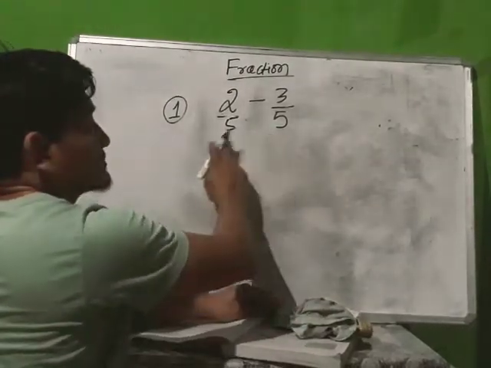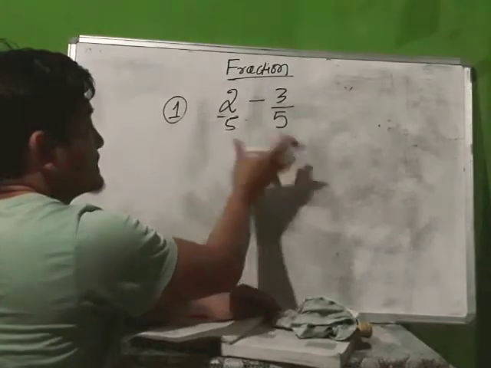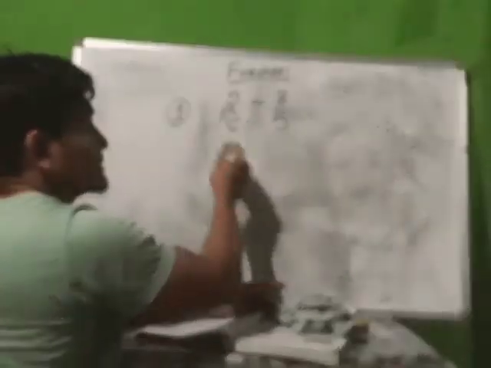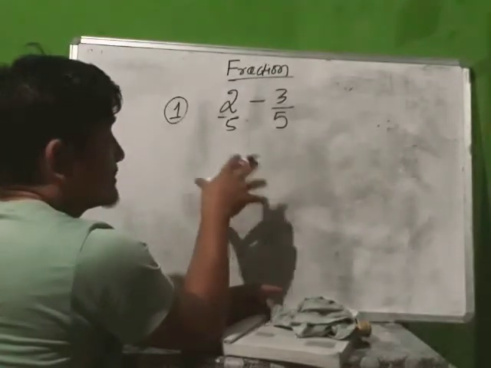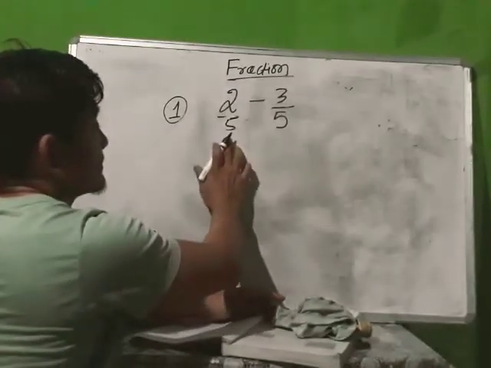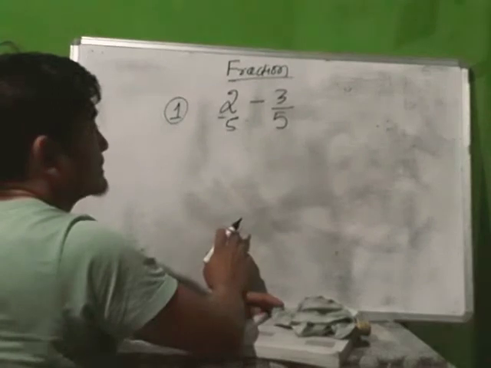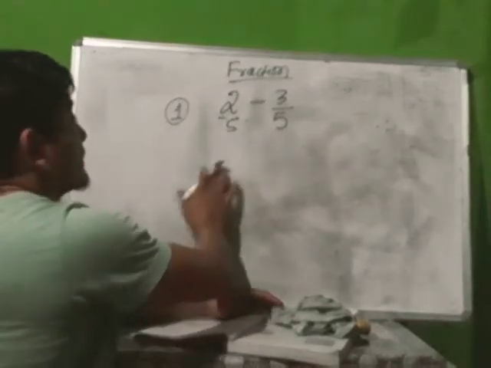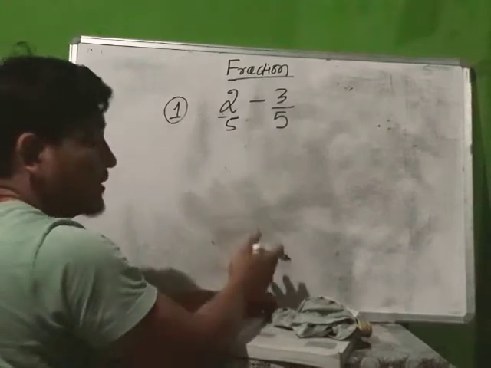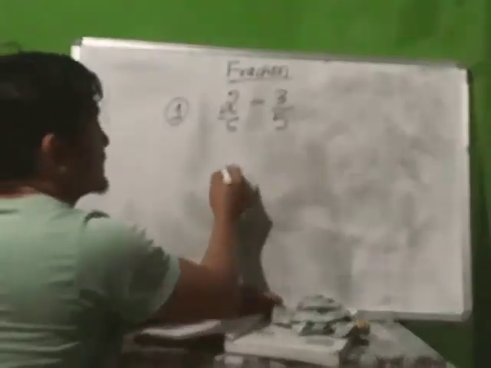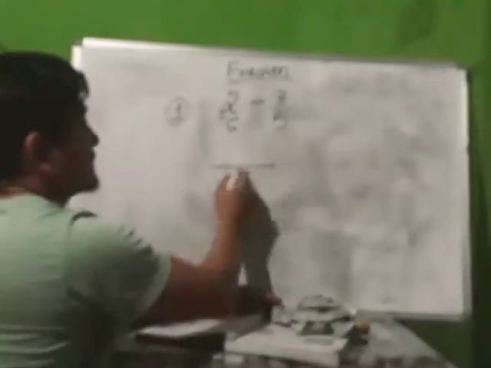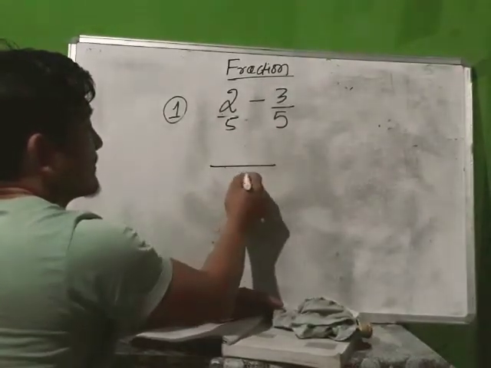If you need to find the LCM of 5 and 5, it is always easy. The same number will be the LCM of the given number. You must have come across questions where the denominators are the same. In that case it's very easy. You just write 5 and 5. The LCM of 5 and 5 is 5.